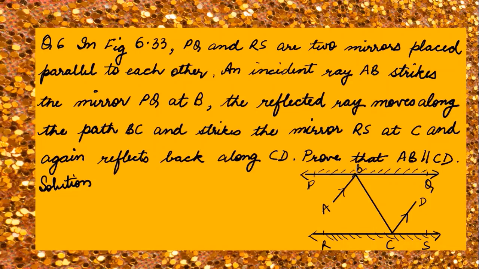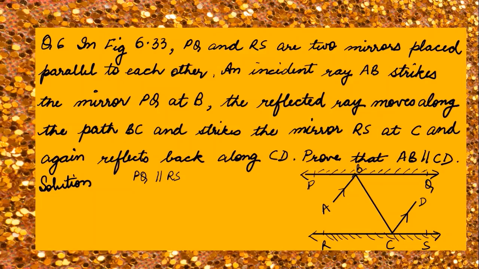They are parallel. That means first of all they have given PQ parallel to RS. Okay, and this is your incident ray, and that is incident to this PQ. Okay, and then BC is incident to RS. Then again it is reflected back.